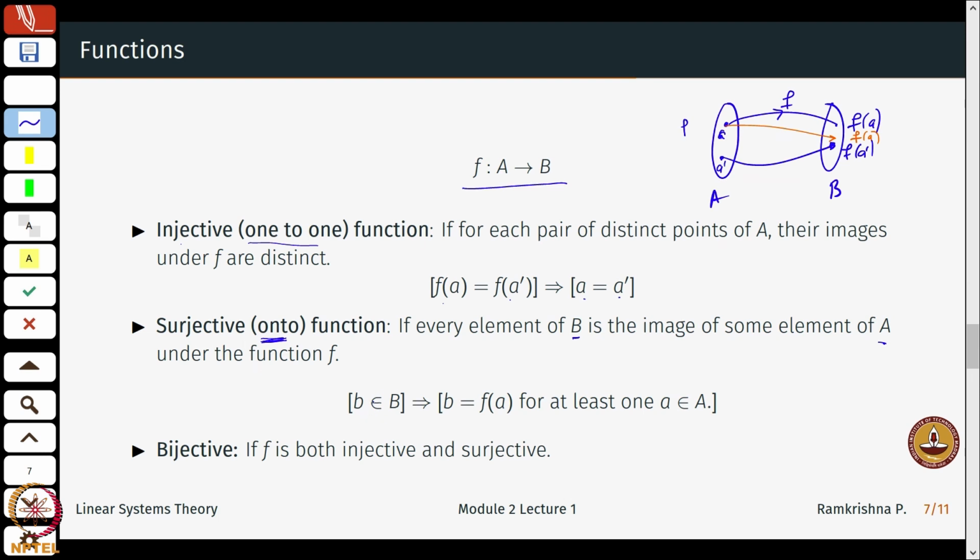Mathematically, for all elements small b belonging to the set capital B, b is equal to f of a for at least one a belonging to A. So I take any point here, say b1 till bn, it should definitely come from some point, say a1 or whatever, from the set A.